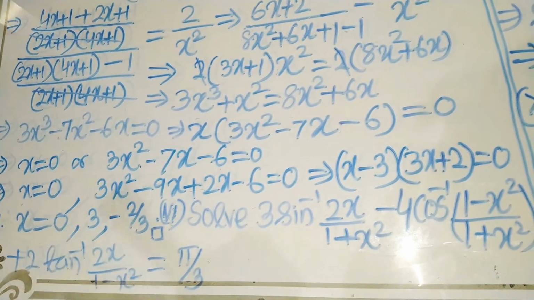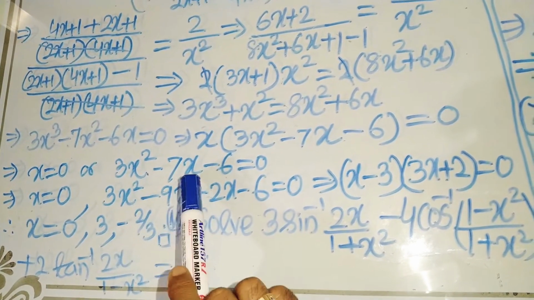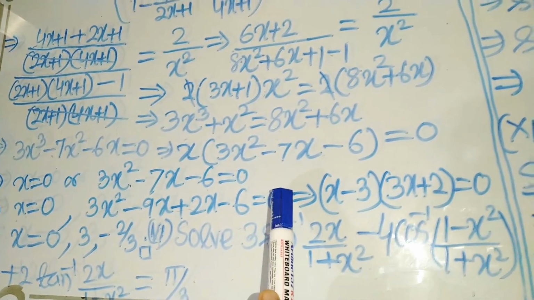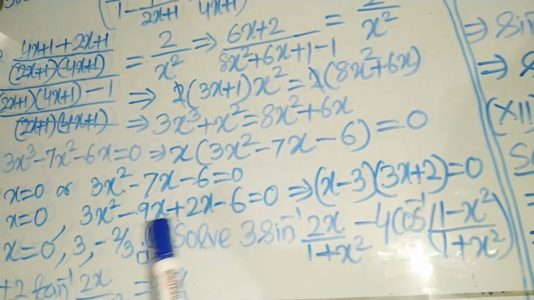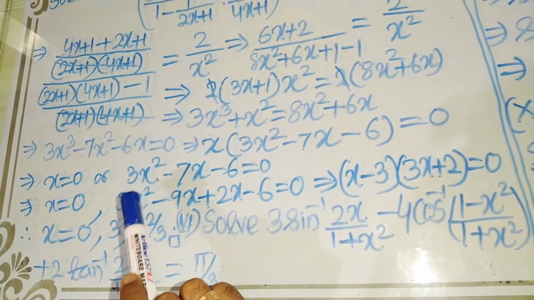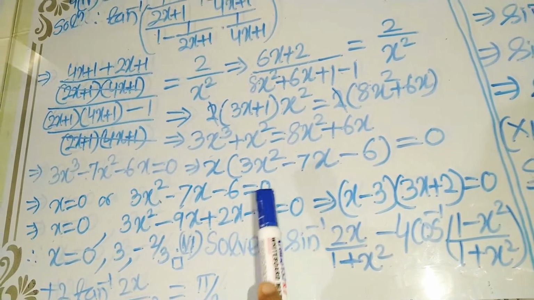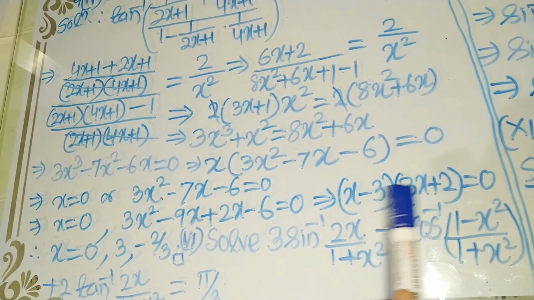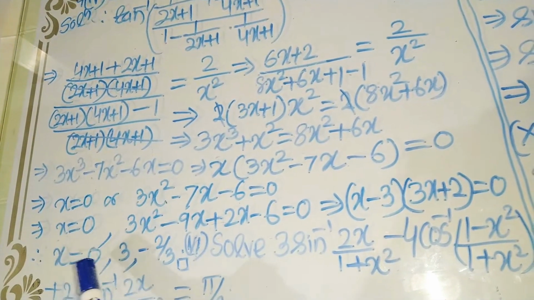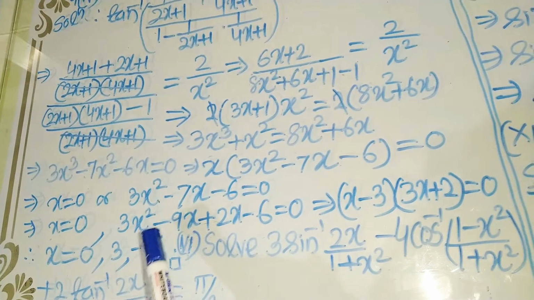So x is equal to 0 and 3x square minus 9x plus 2x minus 6 is equal to 0 by middle factor. On factorization, this will be 3x common, then x minus 3, and 2 common, x minus 3. So the result is x minus 3 into 3x plus 2 is equal to 0. So x is equal to 0, x is equal to 3 and x is equal to minus 2 by 3.